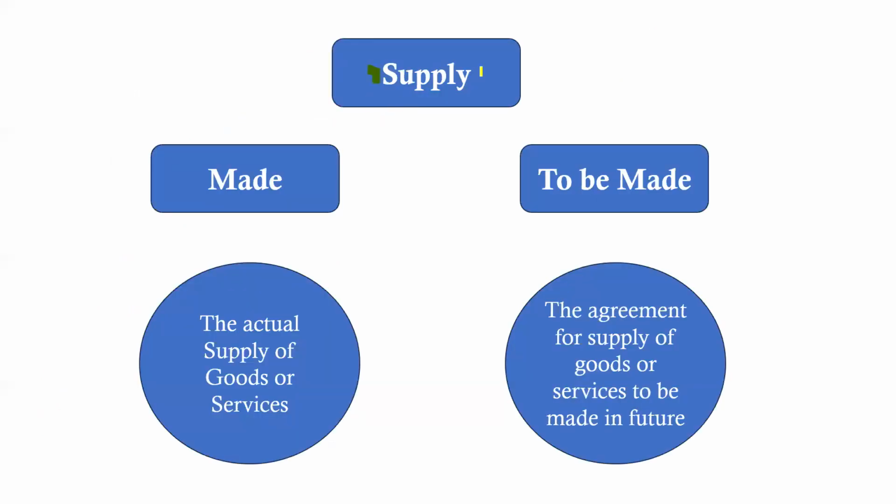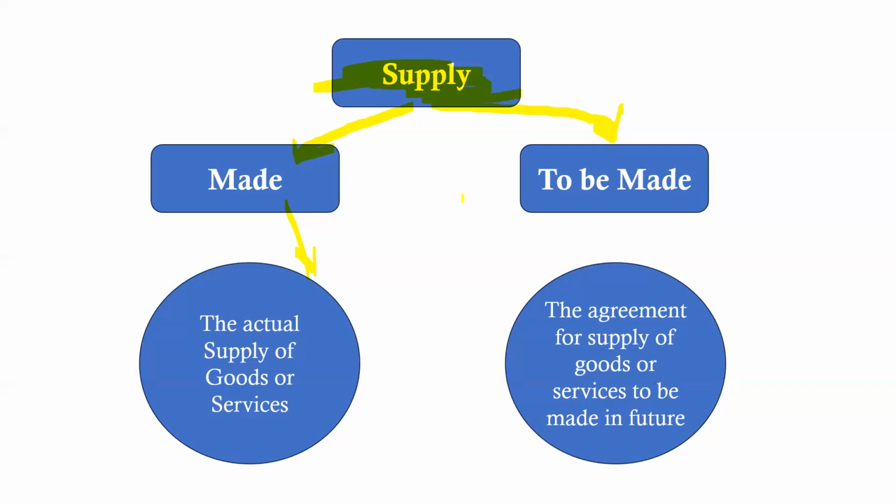Now, what exactly would supply say? This supply will either be made or be made available. For example, the actual production of the goods is the made part. And for example, I am taking an order and I will make it available to you within 2 days.